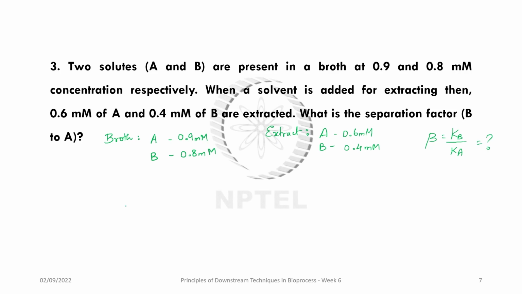So the separation factor is the ratio of partition coefficients for B and A, right? And how would you define partition coefficient? K is equal to concentration in extract by concentration in raffinate. Correct? Yes or no?